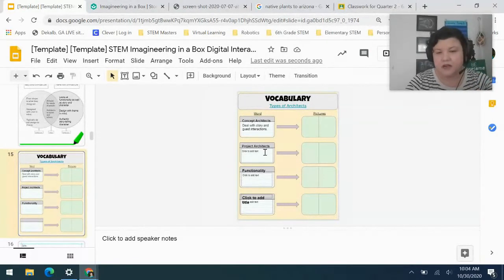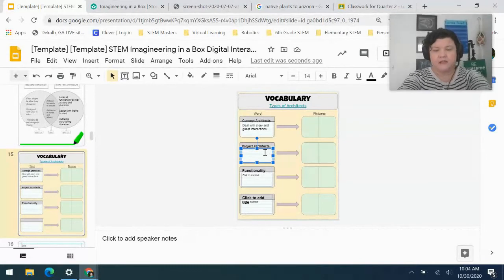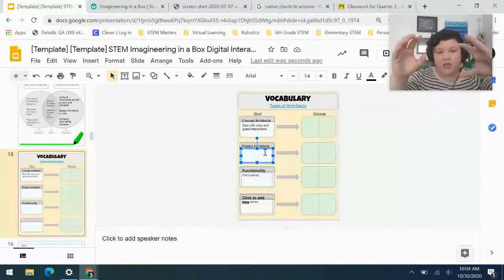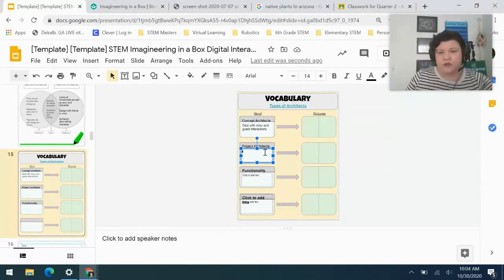Now, the project architects, on the other hand, are the people who work together with all the other disciplines, like the people bringing in electrical and plumbing and foundation work and all those different things. These are the actual architects who work on site building those structures.